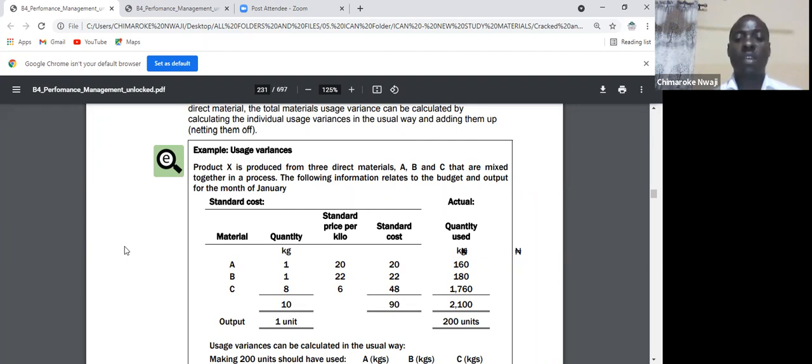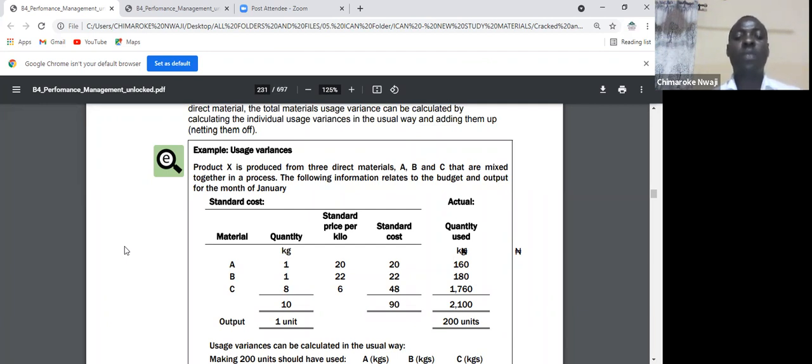Now, when you produce 200 units, you decided to use 160 kg for material A. You use 180 kg for material B and 1,760 kg for material C. And so the total quantity of materials you used in making the 200 units is 2,100 kilograms.